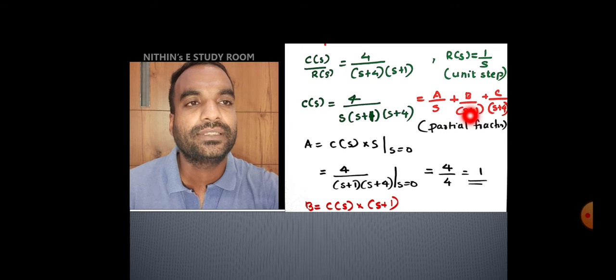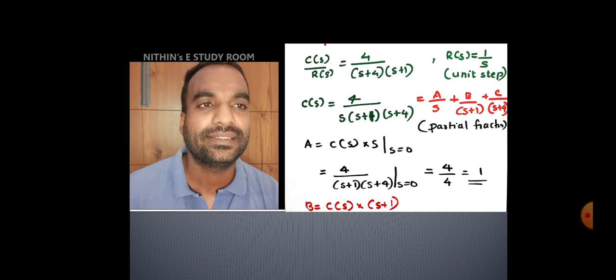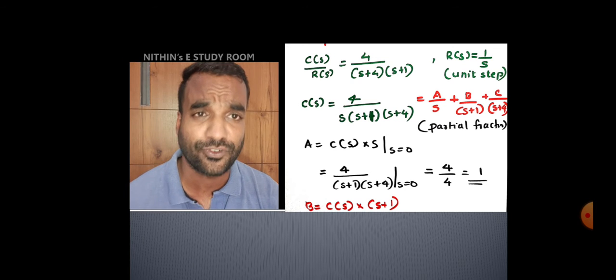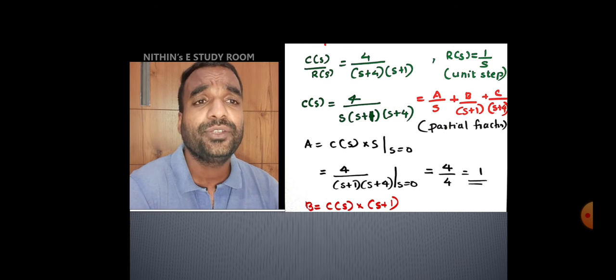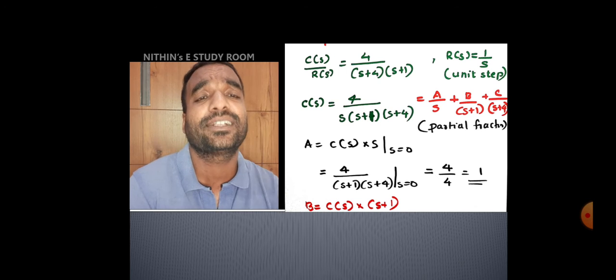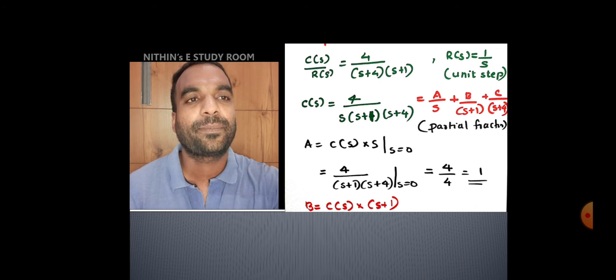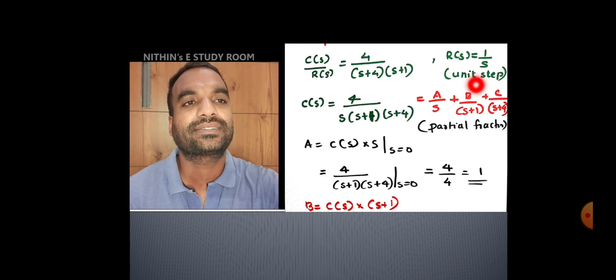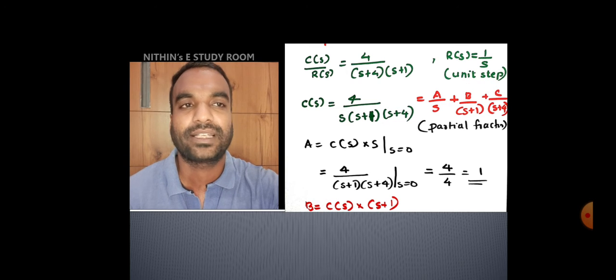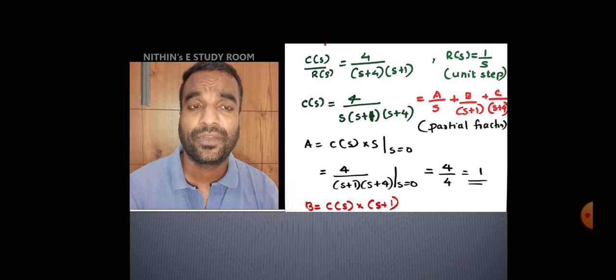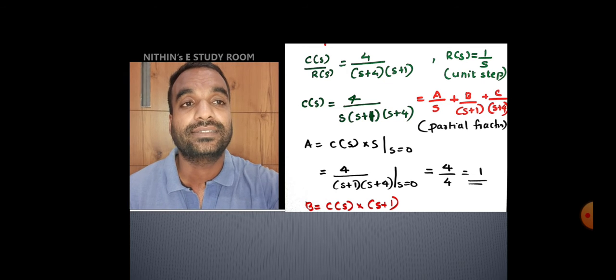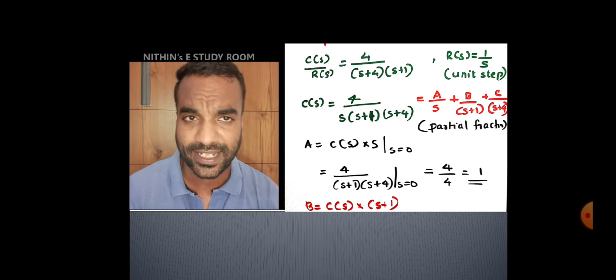In the second term, it will be b into s by (s plus 1). In the third term, it is c into s by (s plus 4). And then you substitute s equal to 0. The b into s term becomes 0 and the c into s term becomes 0. Finally, only a will be there on the right side.